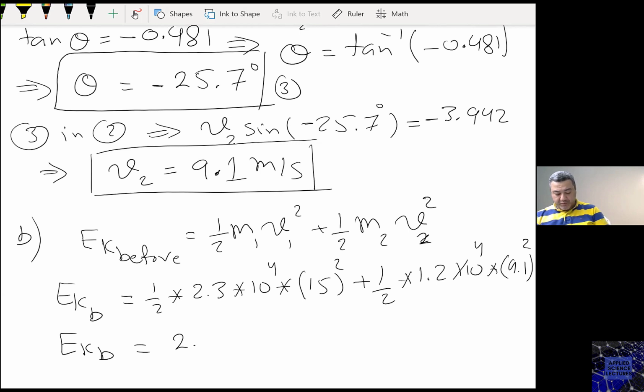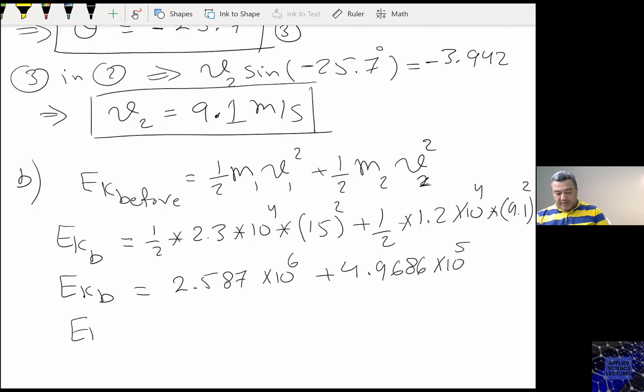This is 2.587 times 10 to the power 6 plus 4.968 times 10 to the power 5.